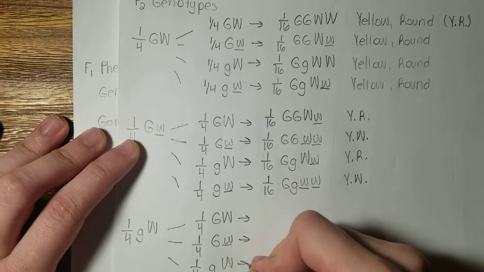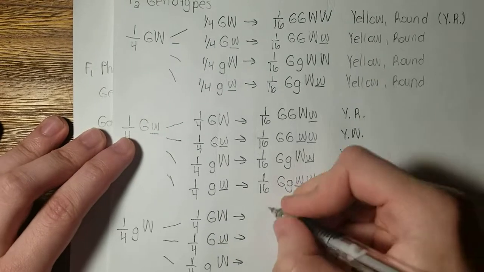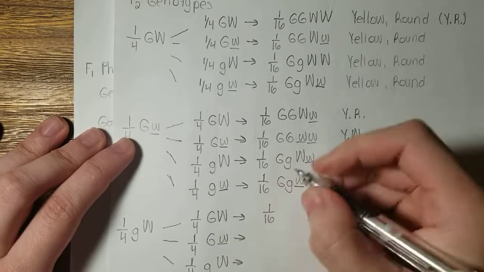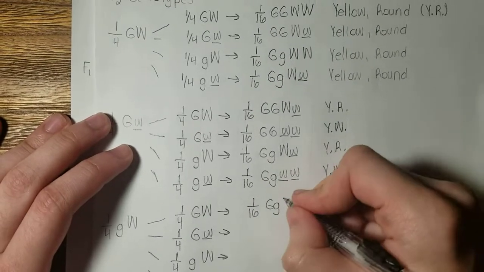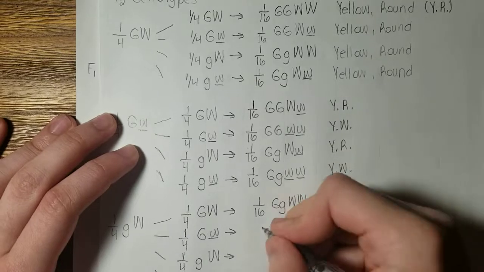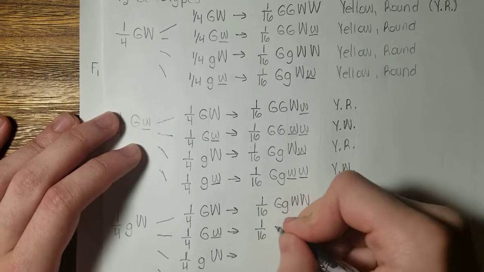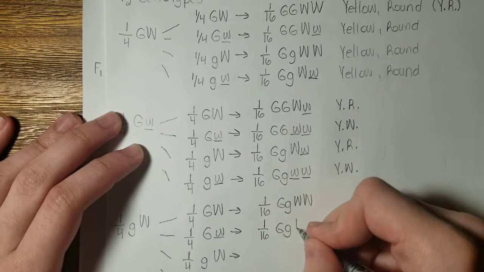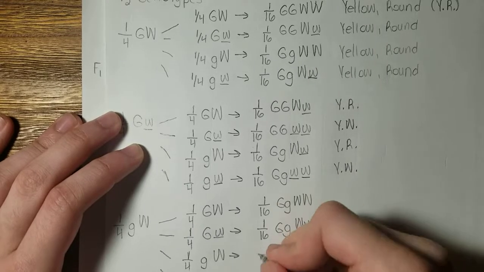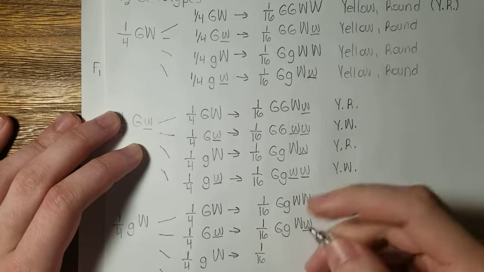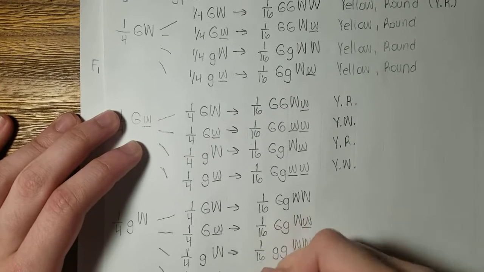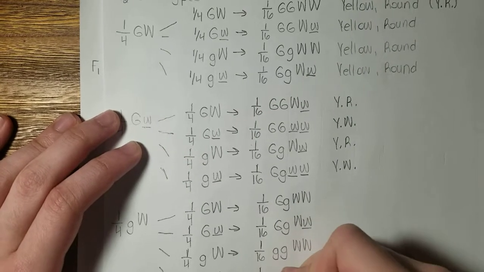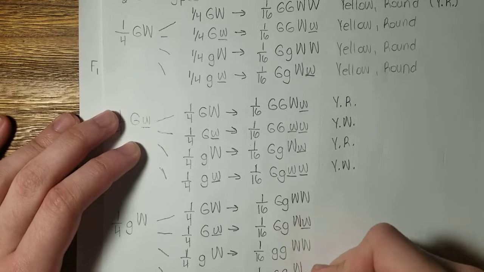Same thing as the 2 above. So we get 1/16 big G little g big W, 1/16 big G big W little w, 1/16 little g big W, 1/16 little g big W little w.